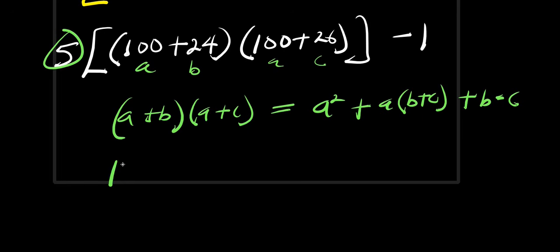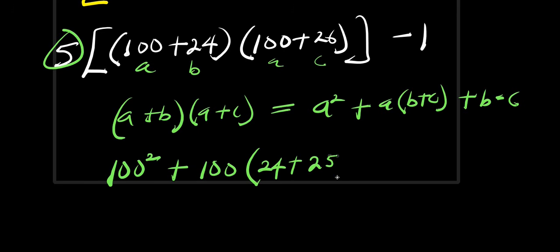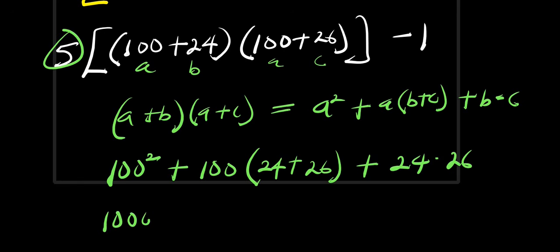You have A squared, that is 100 power 2, plus 100 times B plus C. This is 24 plus 26, B plus C is 50. Have you seen it? Plus this is 24 times 26. So we are going to have 100 squared, that is 10,000.